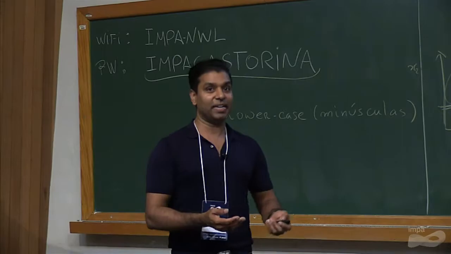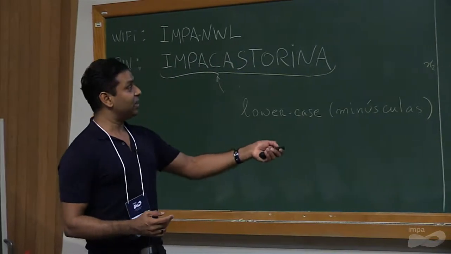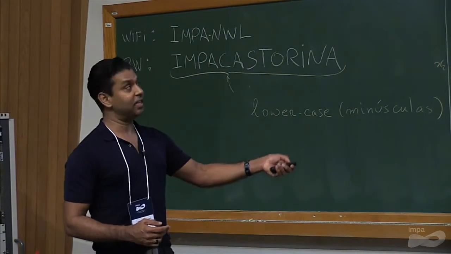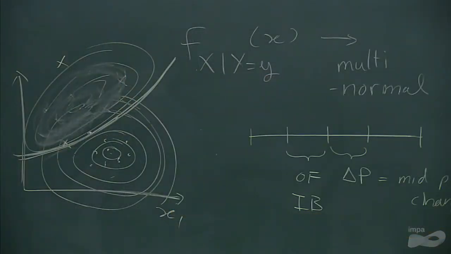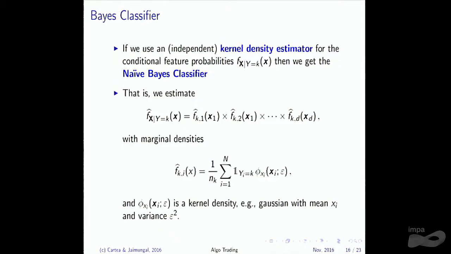One very simple idea is, instead of using multinormals for this density, you use a kernel density approach. What's done in this approach is each dimension is viewed as independent of every other dimension. That's why I have a product of these single univariate densities. And each of these univariate densities is a kernel density estimator in that feature.